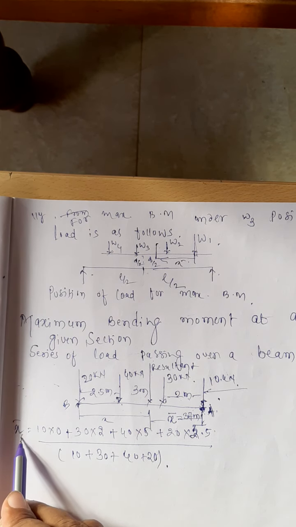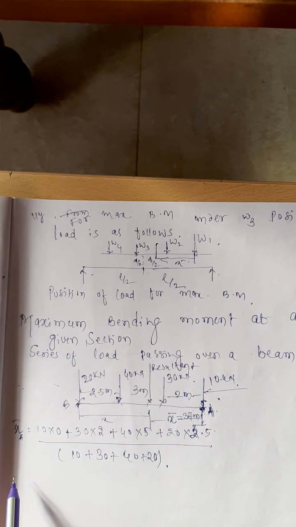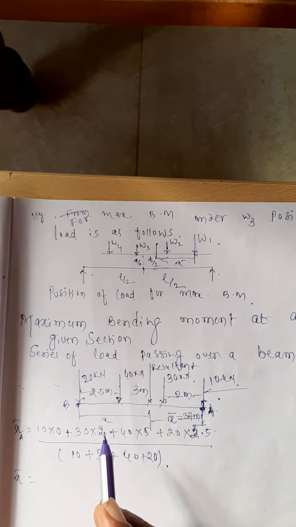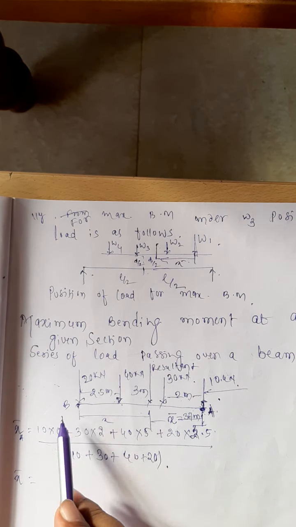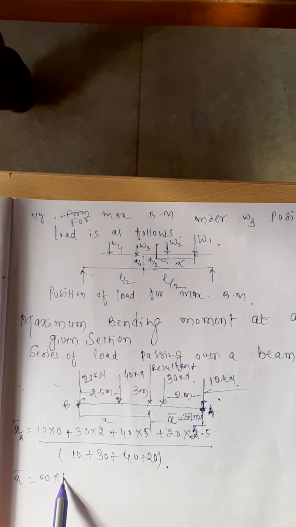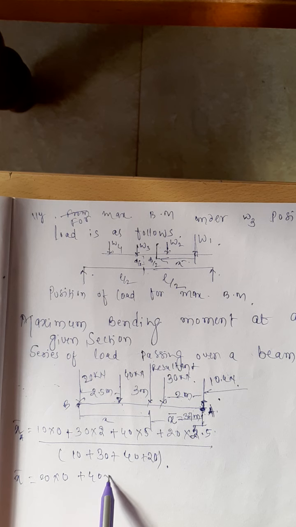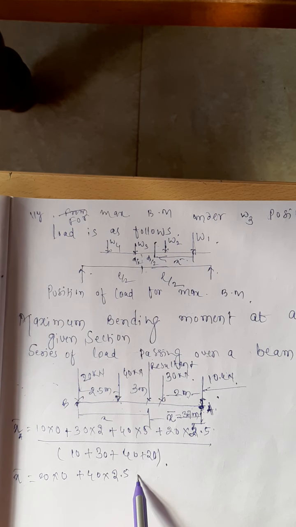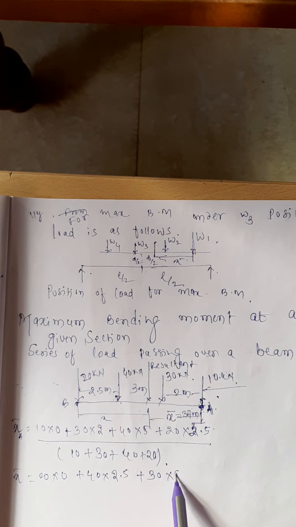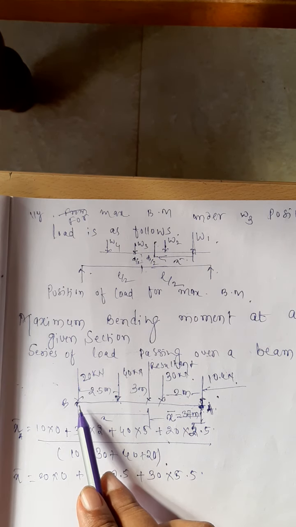This is from A I got, right? From B, if you want the x, what are you doing? You are taking the moment from the B, that is 20 into 0. Is it alright? Plus 40 into 2.5 plus 30 into 5.5. Something is wrong here, sorry friends.